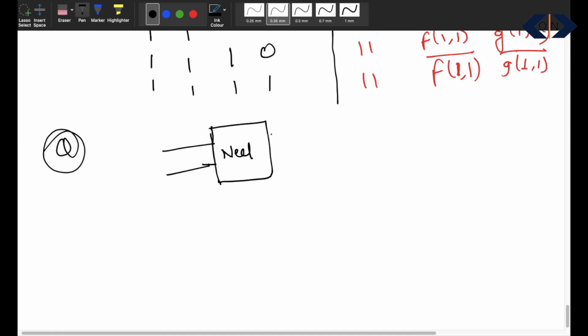Then only will you check; else you would simply say, oh, it is an irreversible gate. So there is a function F of A and B, and there is a function G of A and B.